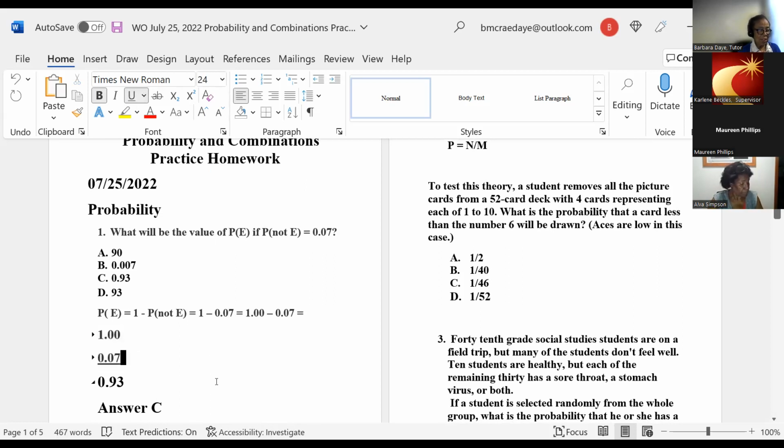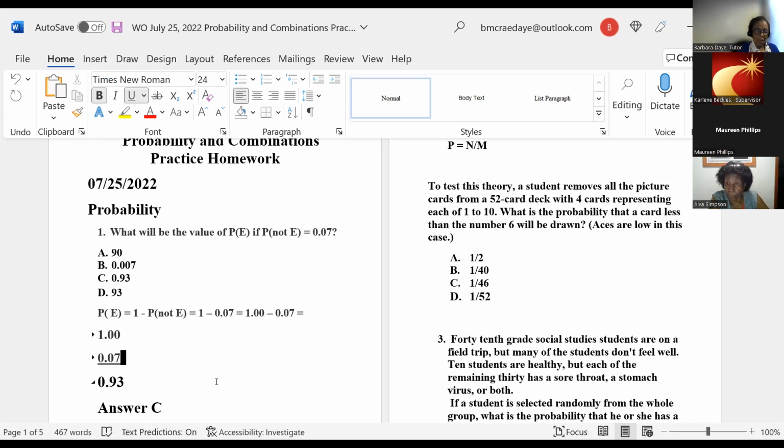So the answer is C. Yes. Okay. Remember, your probabilities add up to 1, or if it's in percent, they add up to 100%. So the probability that it's an E is 1 minus the probability that it's not E. Okay, so your answer would be 0.93.